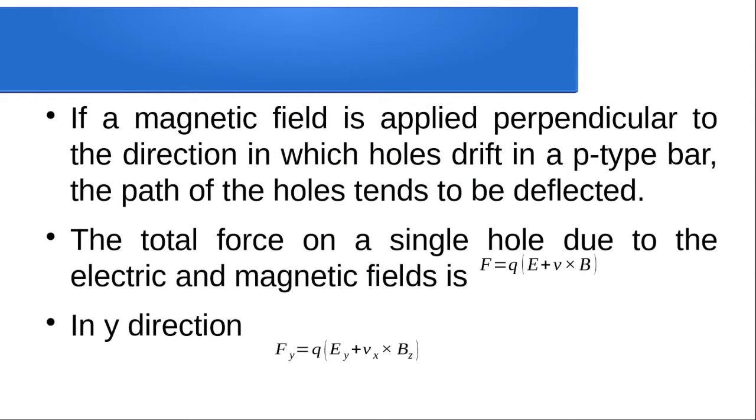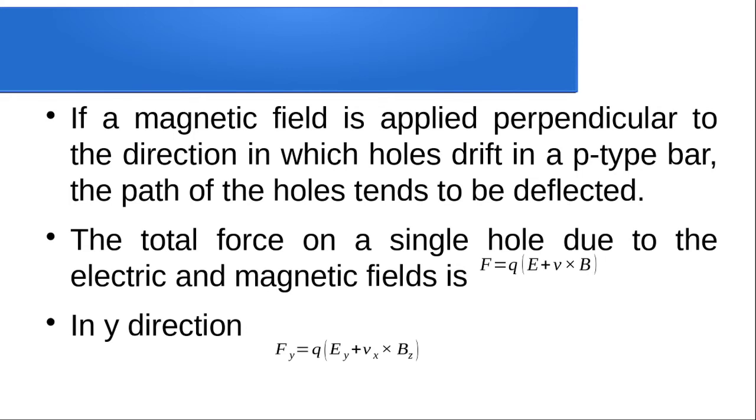As I had mentioned, if a magnetic field is applied perpendicular to the direction, here we are going to take holes rather than electrons. Any one carrier can be considered. So we are considering holes, in a p-type bar, so that the majority carriers are holes.